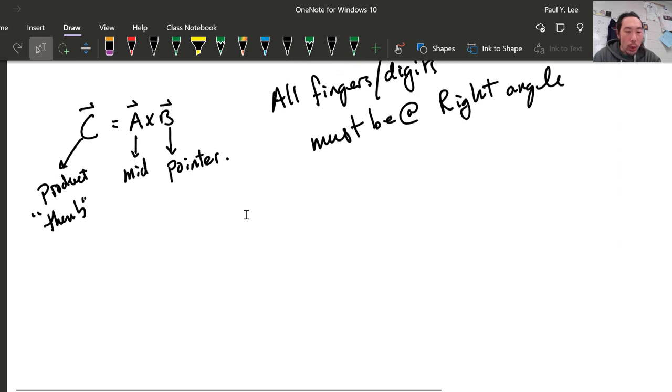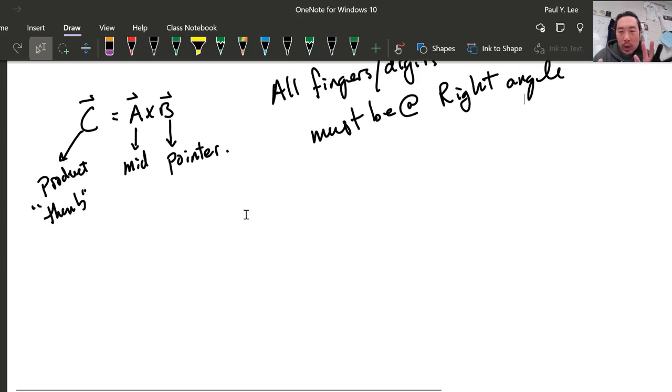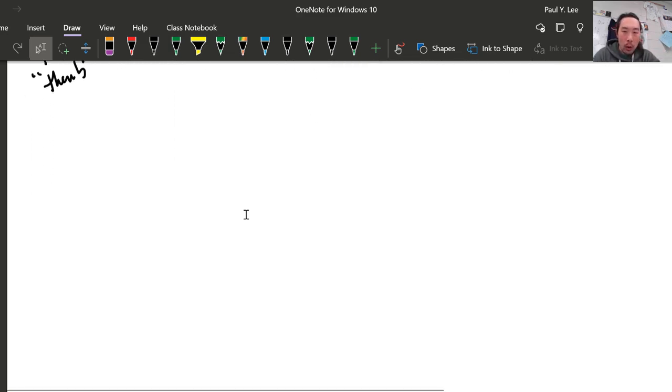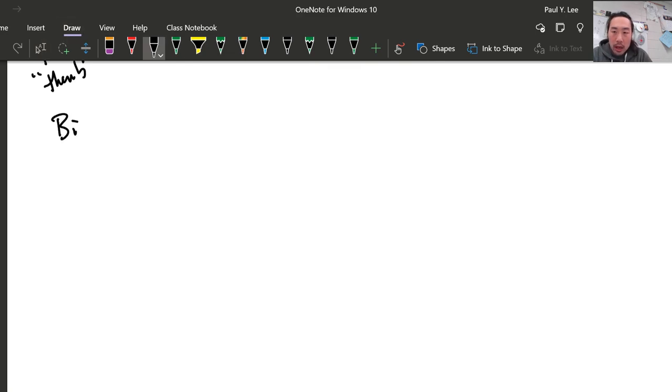I'm going to show you a couple of specifics here, and as you're taking down your notes, I would love it if you actually practiced with me so that you're used to using your right hand. Now, in terms of our notes, let's go over a formula. This is called the Biot-Savart formula.